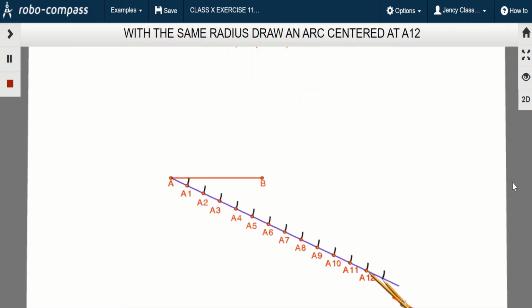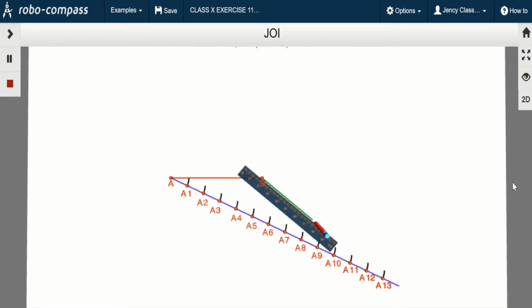After this, we are going to join our point B and A13. Yes.